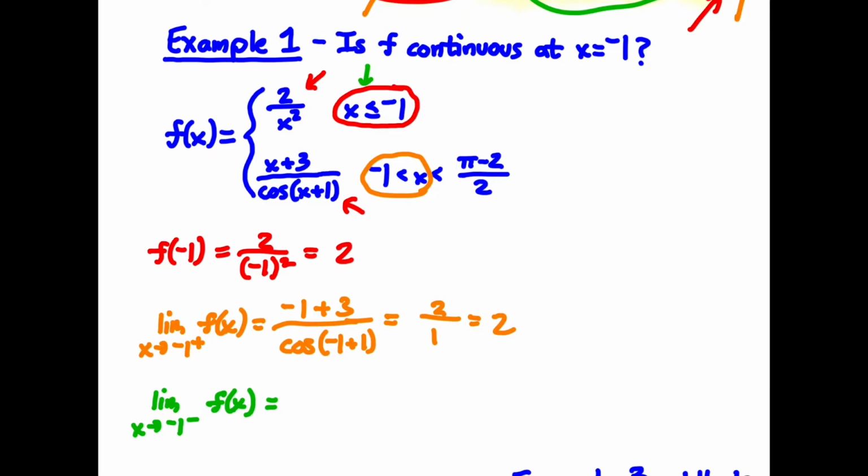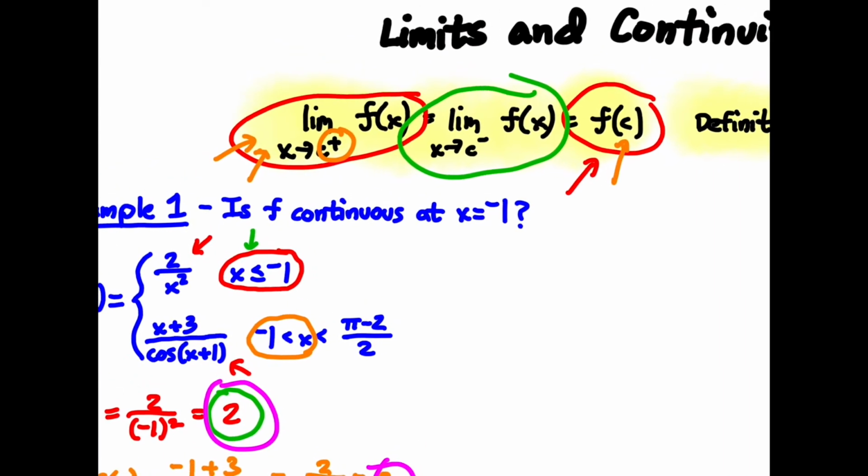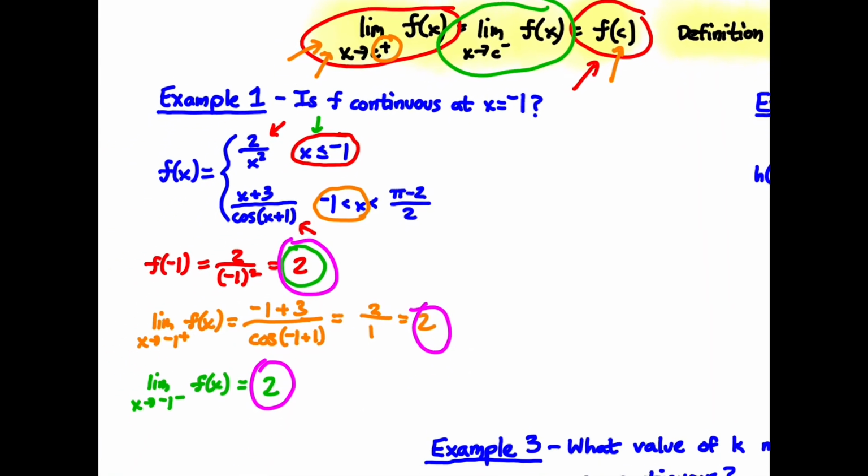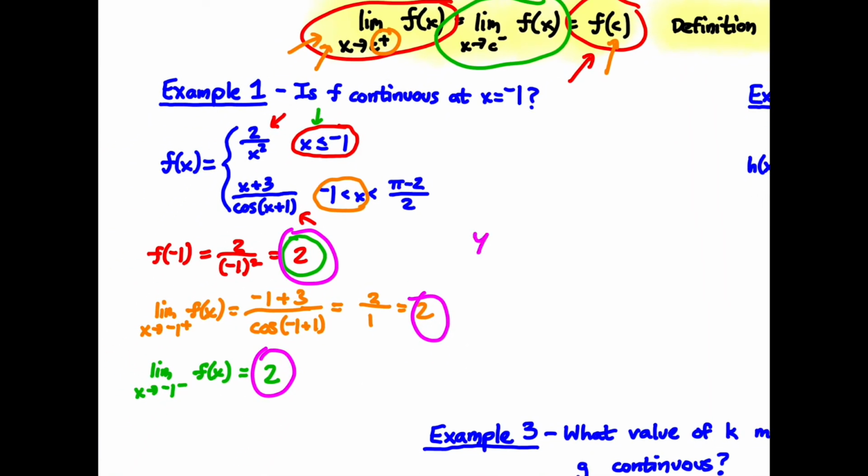Well, we want x from the left, so this would be the piece we're going to use. Now we already solved this part right here, so it's going to share the same value as this first piece. So if you notice, all of them are equal to 2. So based on our limit definition up here, you would say yes, in fact, this is continuous at -1. So that's basically the answer for the first example.